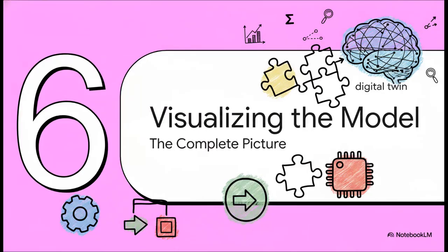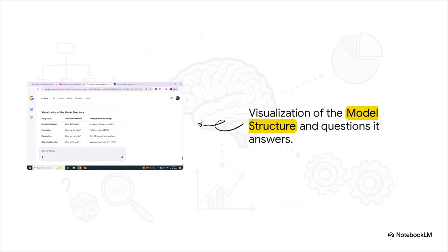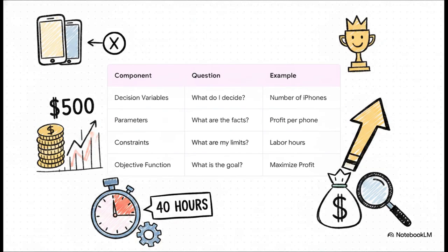Let's bring it all together in Section 6, visualizing the complete model. When we take a step back, we can see how this entire ecosystem locks together in one glance. You see how the abstract academic concepts map directly onto practical questions. The core question drives the component, and that component drives the math. Just look at the clear, logical flow here. First, what do I decide?